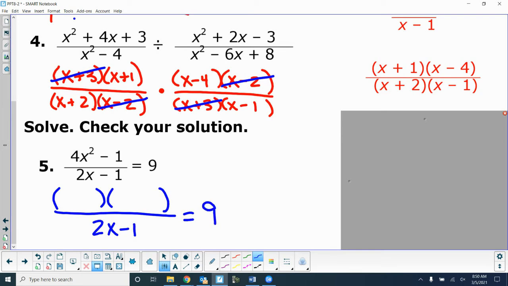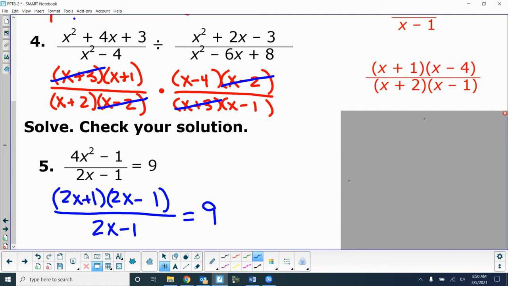Isn't that a perfect square? Isn't 1 a perfect square? Is there a minus between them? Yeah, what's the square root of 4x squared? 2x. What's the square root of 1? Then what? Addition and subtraction.